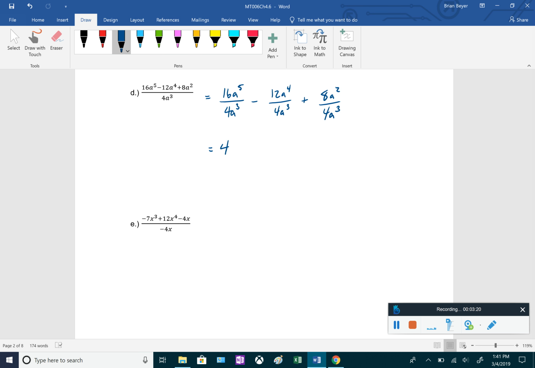A to the 5th over a cubed is a squared, minus 12 over 4, which is 3. A to the 4th over a cubed is a, and then plus 8 over 4 is 2. A squared over a cubed is going to give us a to the negative 1, which ends up being 1 over a to the positive 1, so a in the denominator.